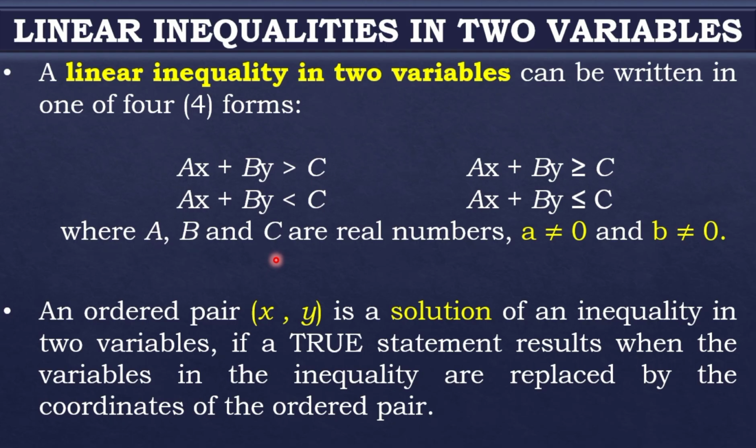Kapag false statement ang lumabas, that is not a solution. So again, ang solution po is the ordered pair na isa-substitute natin doon sa ating linear inequality na dapat mag-result sa true statement. Otherwise, it's not a solution.